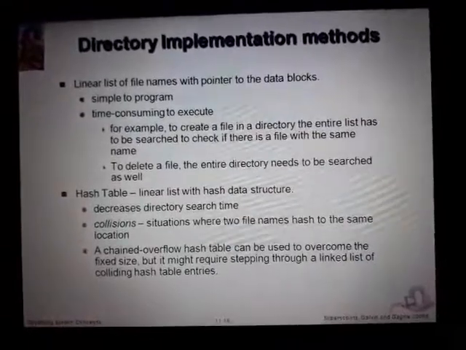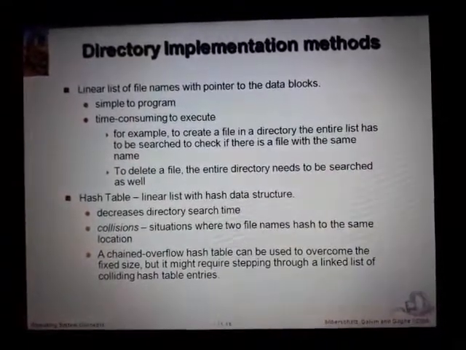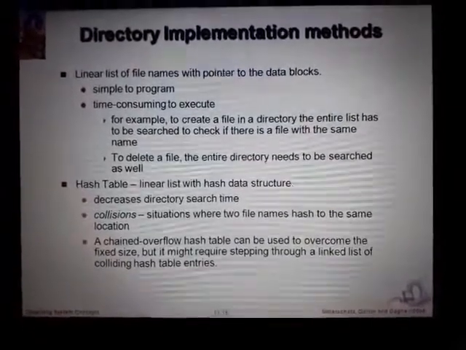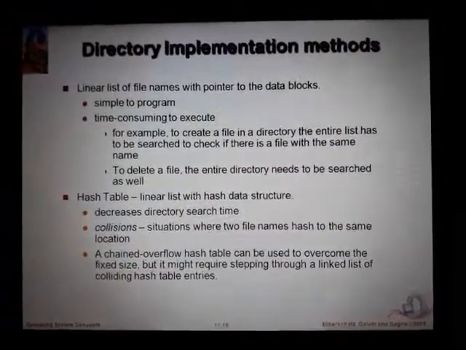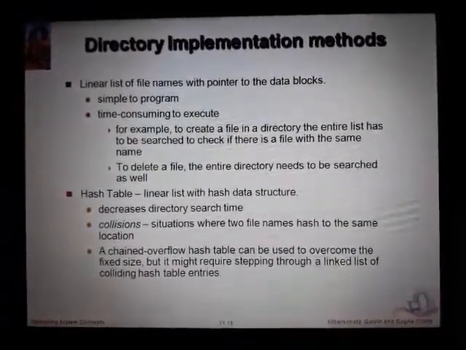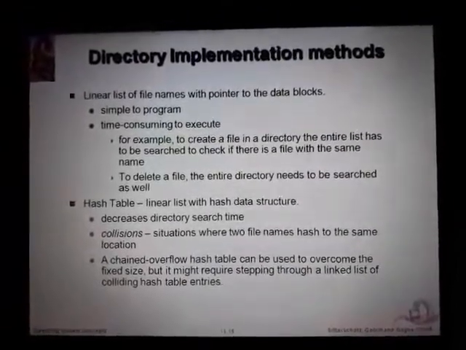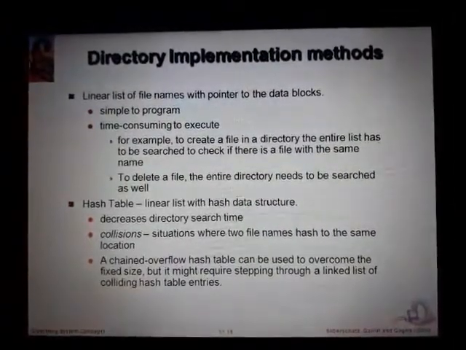To delete a file, the entire directory needs to be searched as well. So if we use another method called hash table, it is the linear list method, the same method but with a hash data structure. This decreases the directory search time. In the previous method, directory implementation using a linear list, a simple method, pointers were used to point to the data blocks. Each file name will have its own pointers which point to the data blocks.